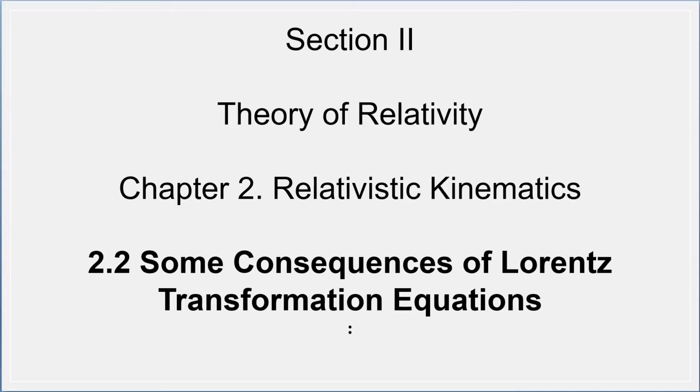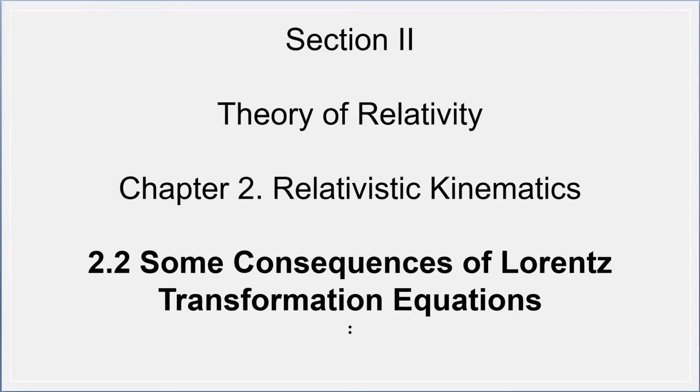In the next chapter, we study also one more consequence, that is about the increase in the mass when the body is moving. So when the body is at rest, it has one mass, and when it starts moving, and if one observes it, then the mass of that body is found to be larger. So there is an increase in the mass.